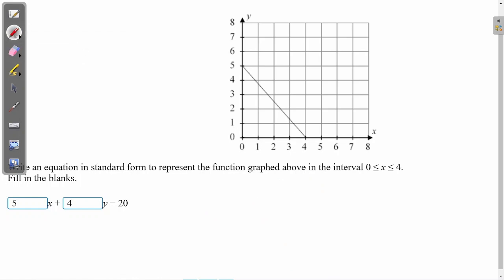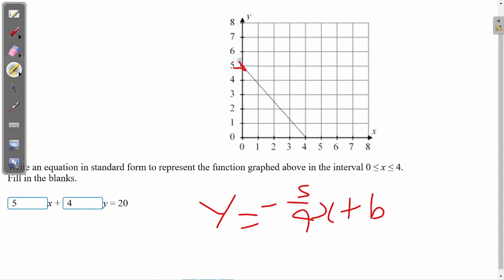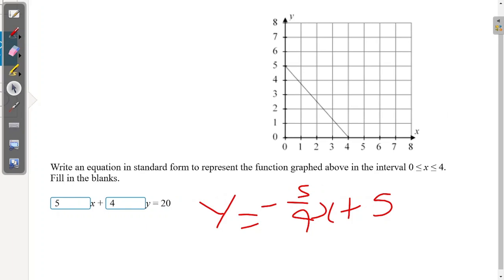Okay, so the equation is y equals negative 5 over 4 x plus b. But they give us the y-intercept here, 0, 5, right? So we can just immediately put 5 here. Now, here, they put it equal to 20, so we need to make it equal to 20.